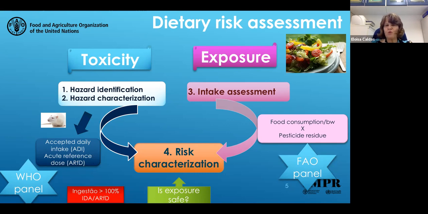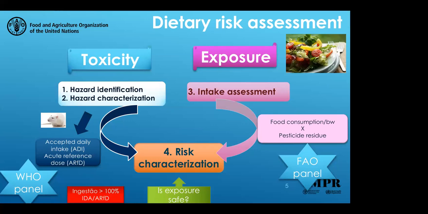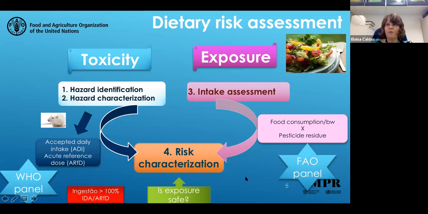So in that case, we don't perform an acute dietary risk assessment, but only a chronic dietary risk assessment. And we don't go forward with our recommendation if we don't conduct a dietary risk assessment. If there is no ADI, I remember that, again, I have to talk about my metalaxyl.